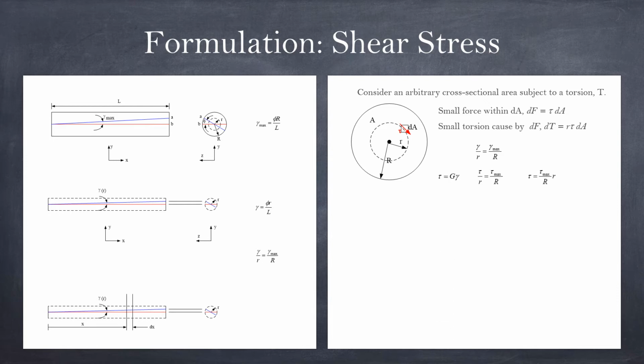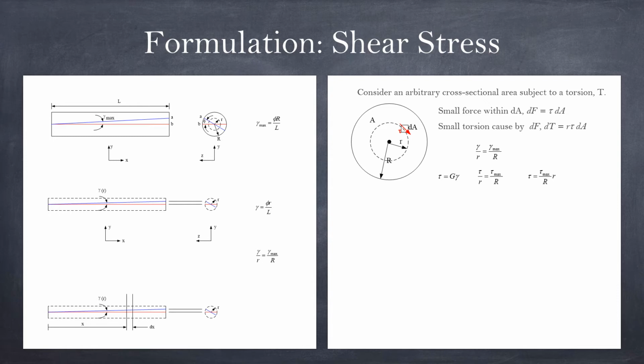We also know that the shear stress and shear strain are linked by G, the shear modulus of elasticity. It's a linear function, which means that we can change the gamma into a relationship of tau instead. Again, we play around with it and move tau onto that ratio on the right-hand side there.